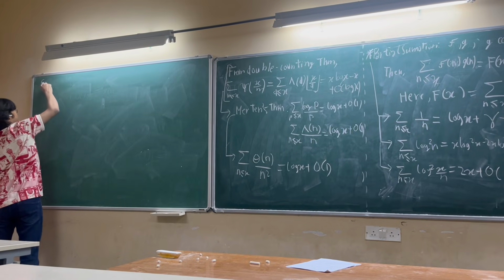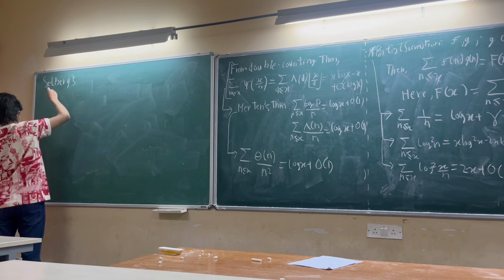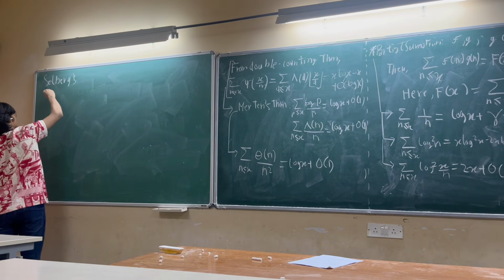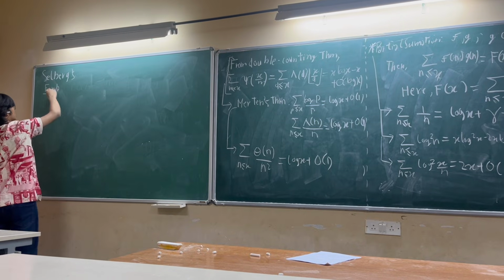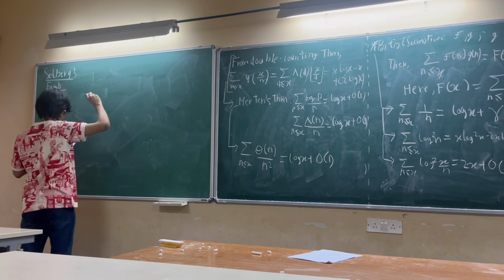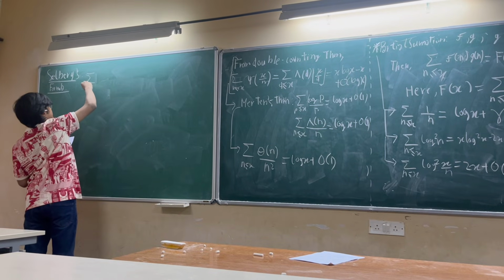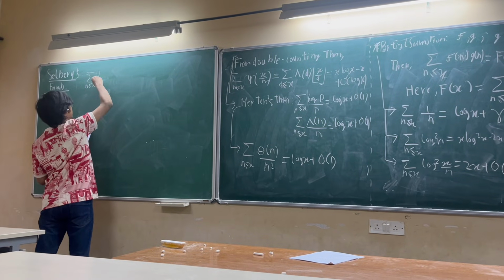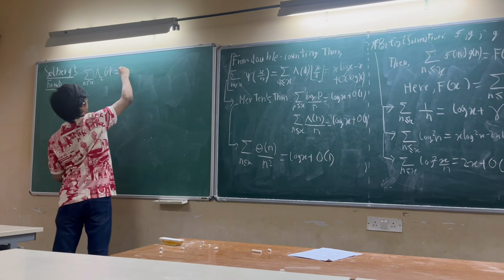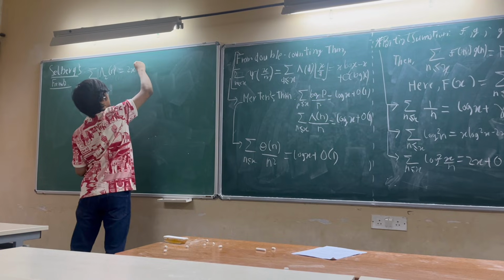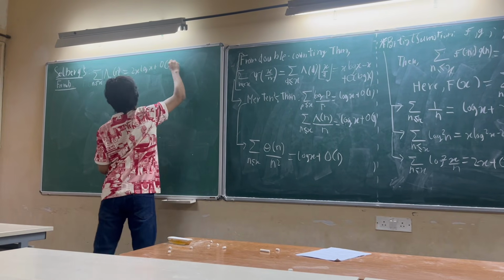I present to you Selberg's formula. What is Selberg's formula? It tells you that summation n less than equal to x of lambda 2 of n is in fact 2x log x plus something of the order of x.